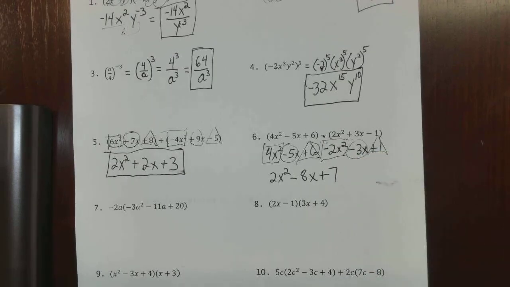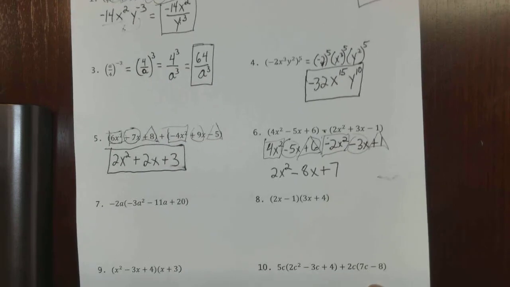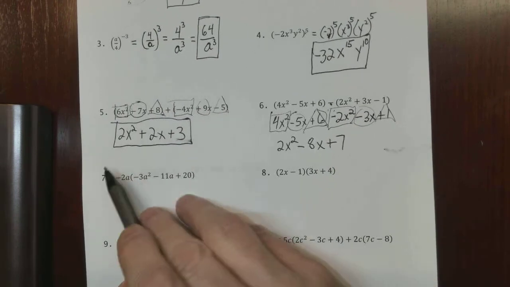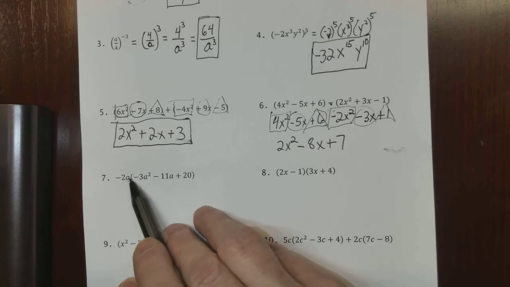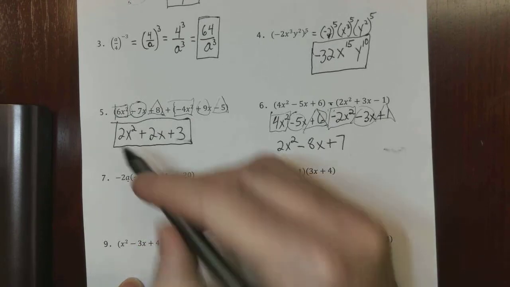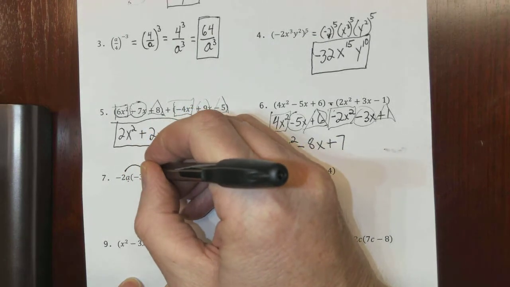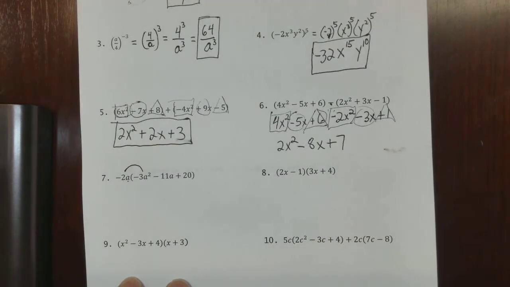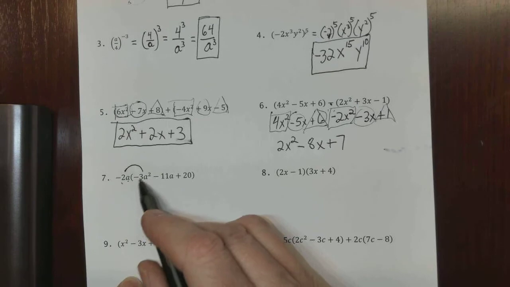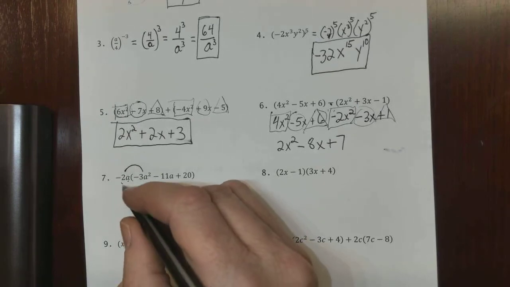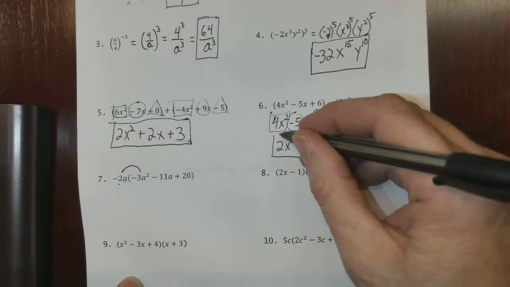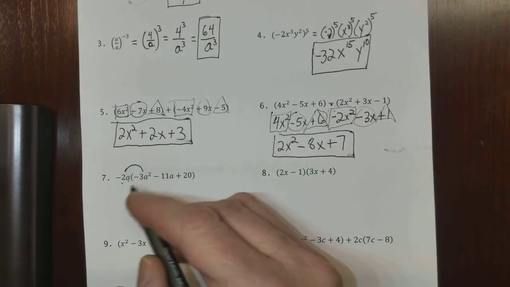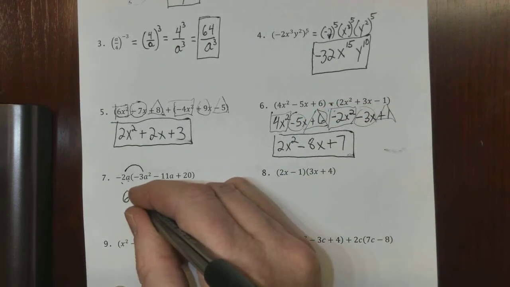Now number 7 is the distributive property. It's negative 2a, which is a monomial, times this trinomial. So I'm just going to make the loop. Negative 2a times negative 3a. Negative 3a squared. Negative 2 times negative 3 is positive 6.